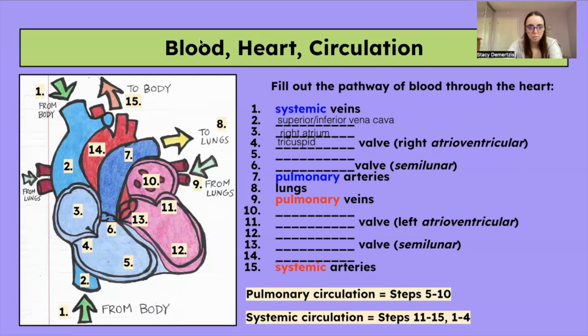And then number 5, the name of the valve kind of gives us a hint, but what would we call number 5? We're still on the right side of the heart, but it's not the atrium, it's a different name. Yeah, the ventricle. And then after the right ventricle, at this point, we're getting closer to the lungs, but we still need to go through some structures before we get to the lungs.